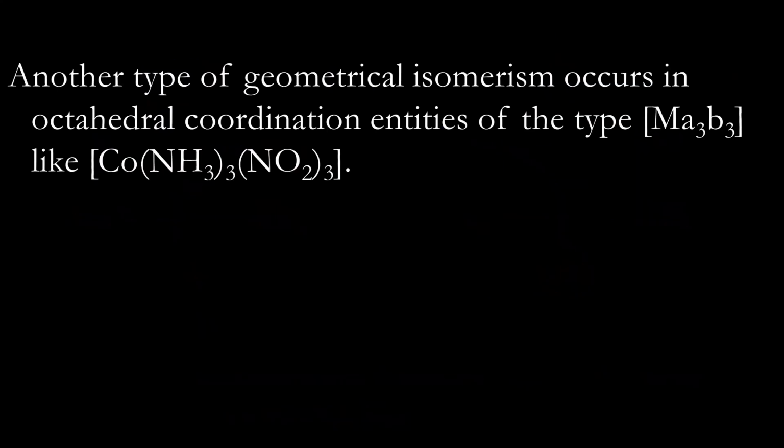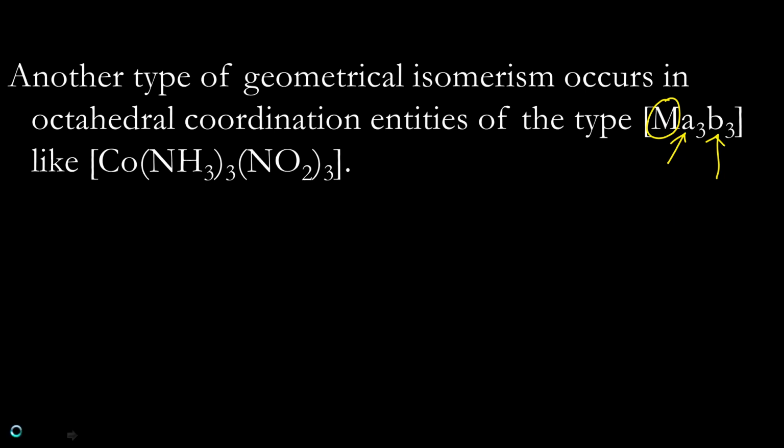Another type of geometrical isomerism occurs in octahedral coordination entities of type Ma3B3. This is an important one you need to remember. M is the central metal, A is one type of ligand, B is another type of ligand. Total 6. But now it is not of that type, Ma2B4.